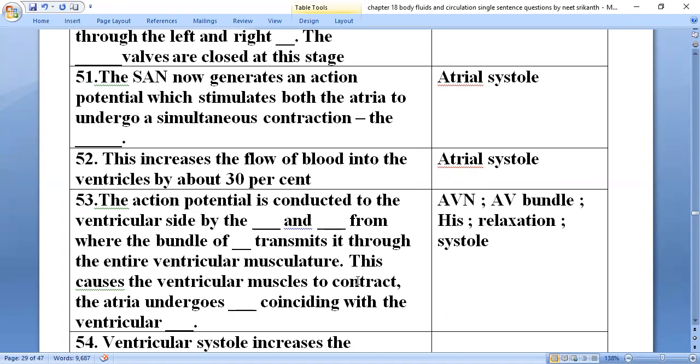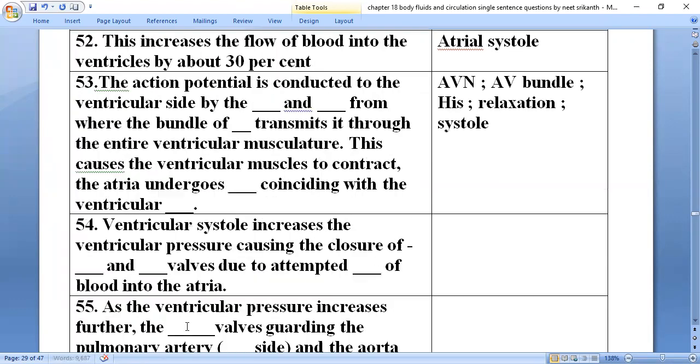This causes the ventricular muscles to contract, and the atria undergo relaxation coinciding with ventricular systole.